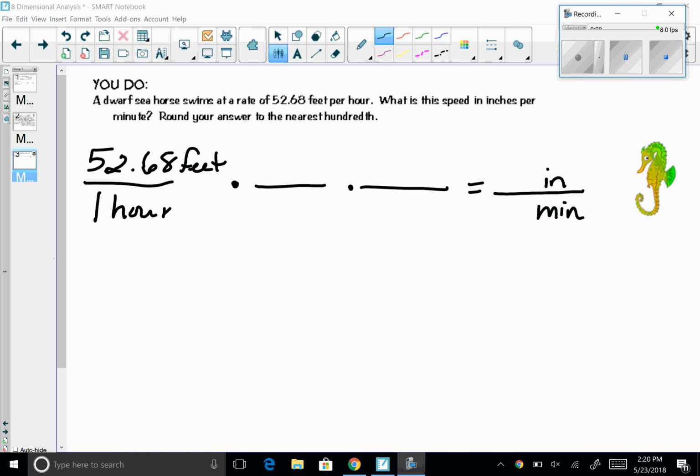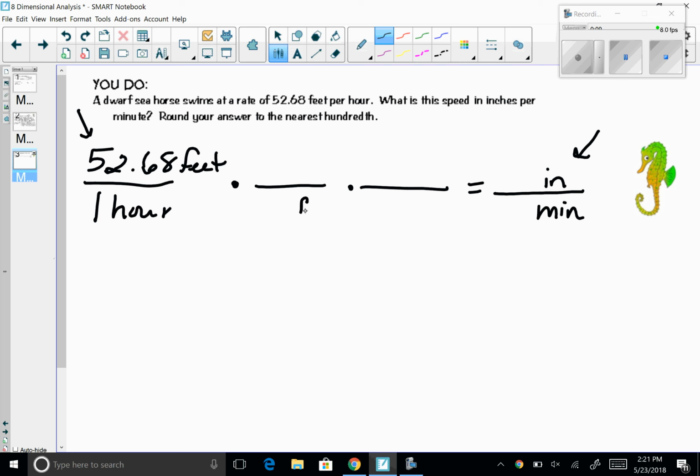So notice my setup. I've started with what was given to me in terms of my units, and I wrote down my end result of units and where I want them. Do I want them in the numerator or the denominator? That is important. So you need to make sure you have them in the right spot. So for this one, I know that I need my feet to cancel out.